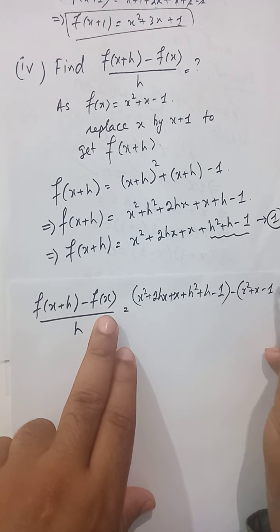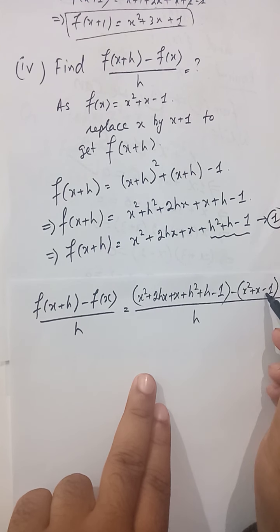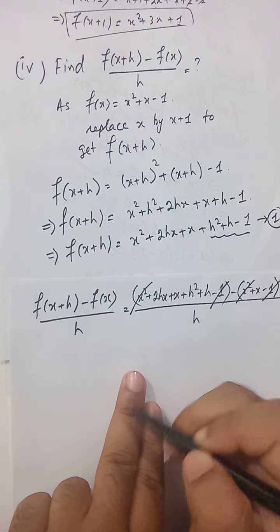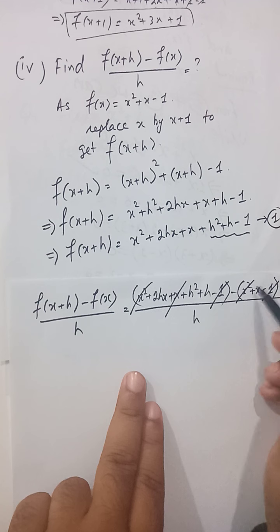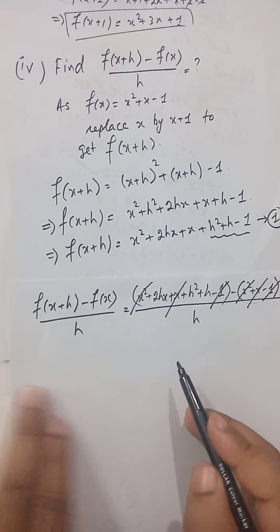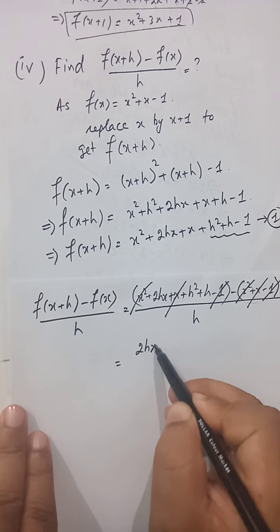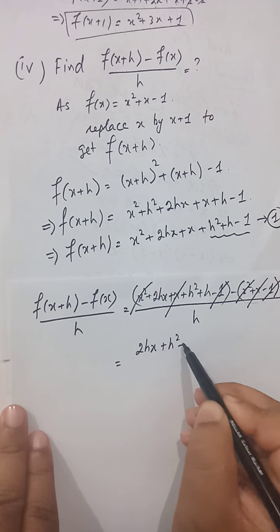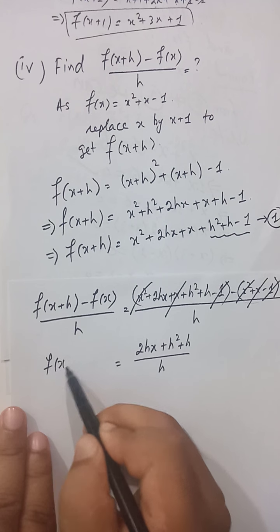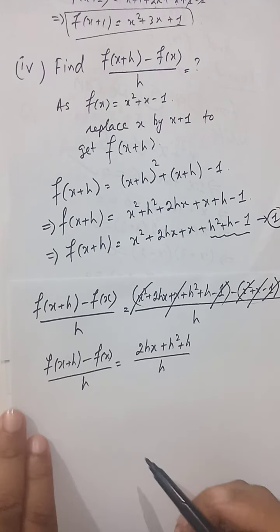You see that this is minus 1, and when this minus is multiplied, this will be plus 1. So these two are cancelled, this is minus x square and this is plus x, so these will be cancelled. This is plus x and this is minus x, these two will be cancelled because this minus is multiplying with this whole function. So you will get 2hx plus h square plus h divided by h.